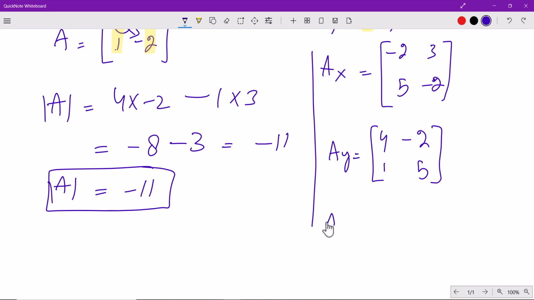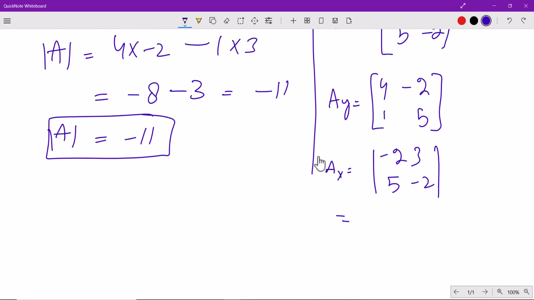Determinant of Ax is equal to minus 2, 3, 5, minus 2, which is equal to minus 2 multiply minus 2 plus 4, and 5 multiply 3 minus 15, which is equal to minus 11. So Ax determinant is equal to minus 11.